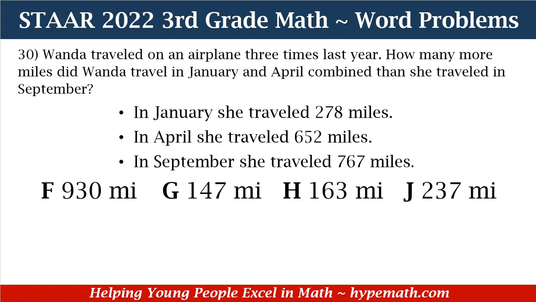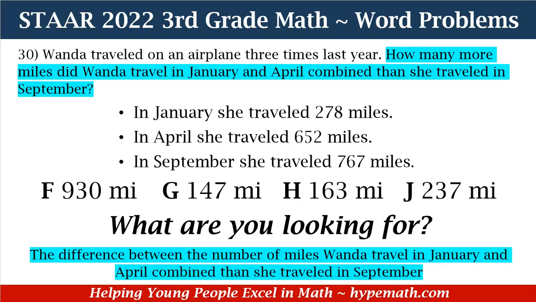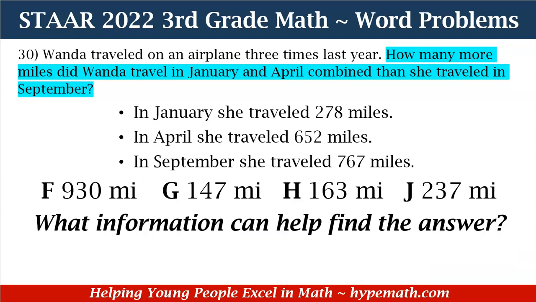Now, before we begin to solve this problem, the first thing we're going to do is ask ourselves, what are we looking for? We are looking for the difference between the number of miles Wanda traveled in January and April combined, and then she traveled in September. So now that we know what we're looking for, the next thing we need to ask ourselves is, what information can help us find the answer?